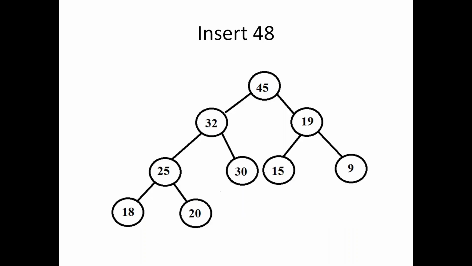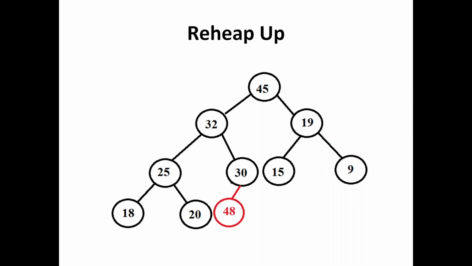And here there is another example to demonstrate the algorithm. First we put the new value in the last position, and then we call the reheap up algorithm, which will compare 48 with 30, and now the condition is actually true. So the new node key is greater than the parent key, so it will swap.